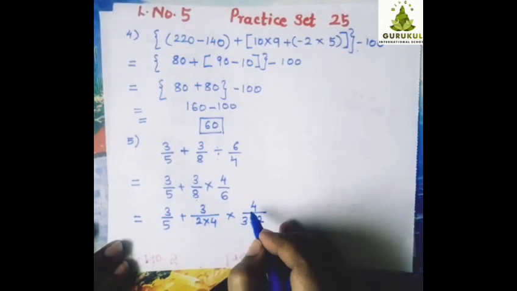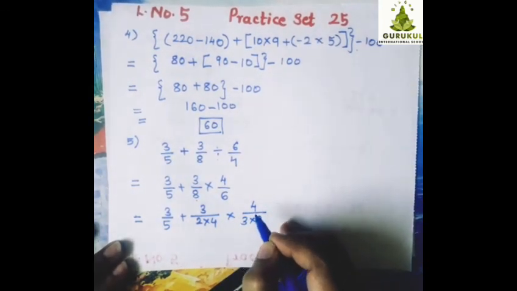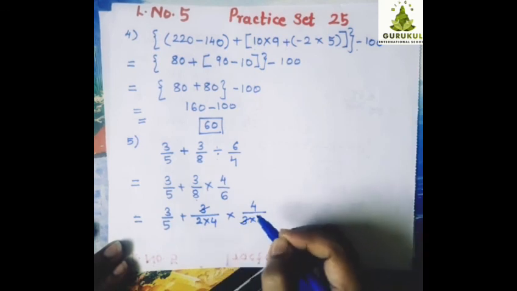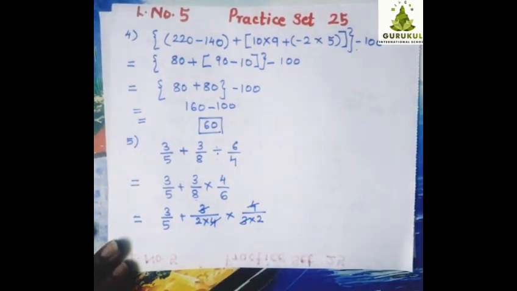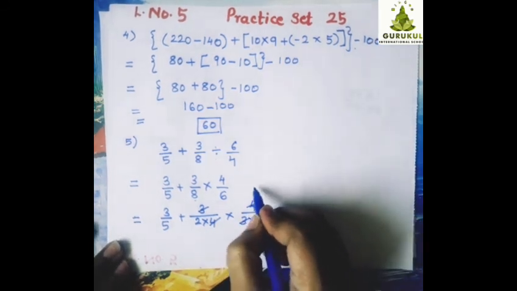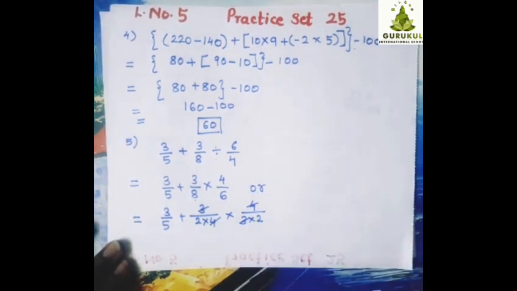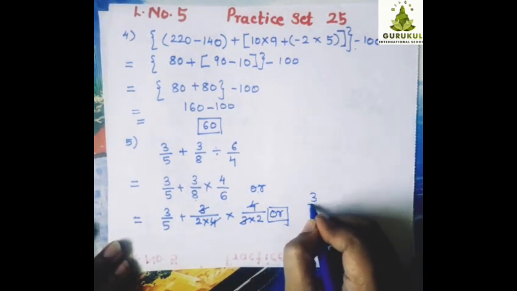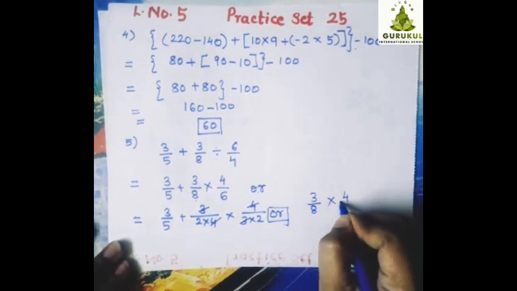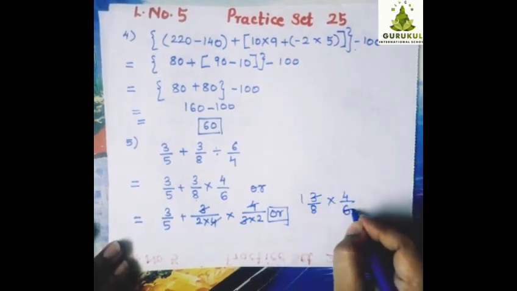Here you can cancel the numbers: 3 will get cut, 4 will get cut, 4 ones are 4, 3 ones are 3. Now instead of writing this step, you can also do it like this: 3 upon 8 into 4 upon 6, directly you can divide.